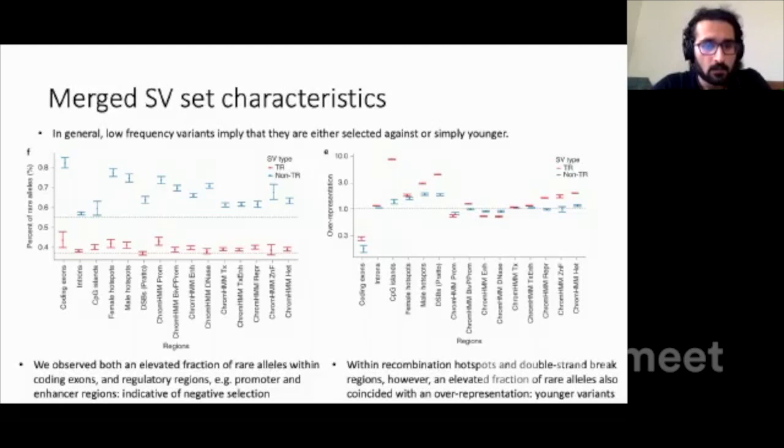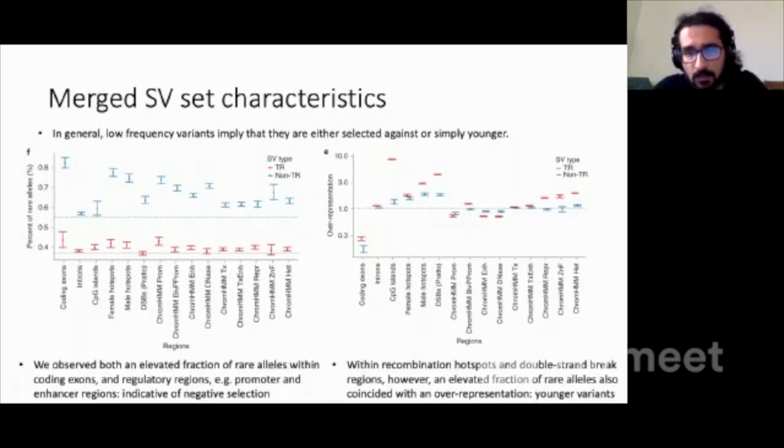We observed both an elevated fraction of rare alleles and an underrepresentation of SVs within regions such as coding exons and regulatory regions such as promoters and enhancers. That was indicative of negative selection to us, when we have both a high percentage of rare alleles and underrepresentation.